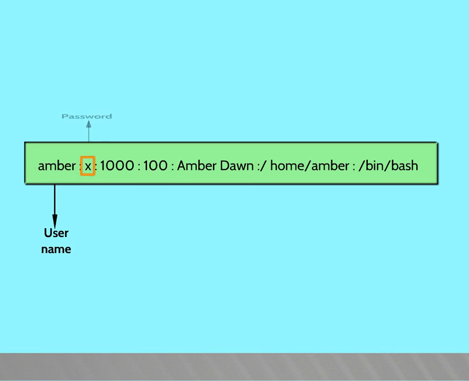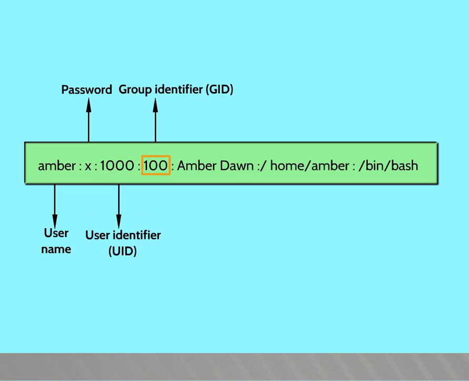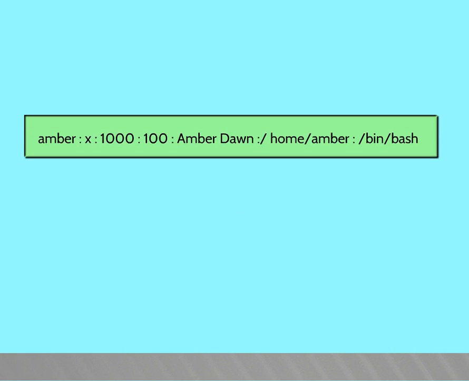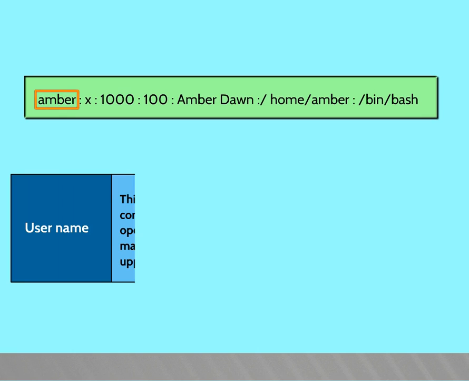Username, password, user identifier, that is UID, group identifier, that is GID, GECOS, home directory, shell. Username.